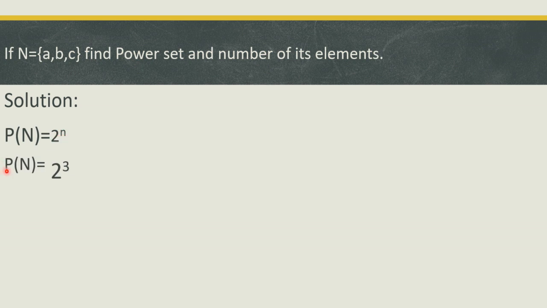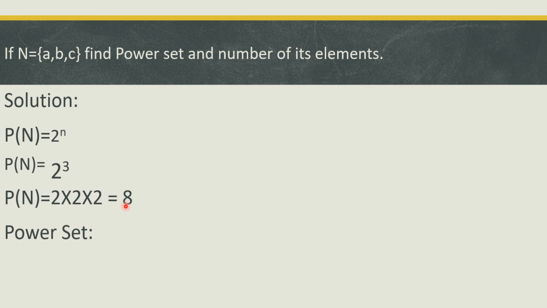Now we have 1, 2 and 3 elements, so we write 3 in the place of n. 2 to the power 3 means 2 is multiplied 3 times by itself. So the power set of N is 2 multiplied by 2 multiplied by 2, which is equal to 8.